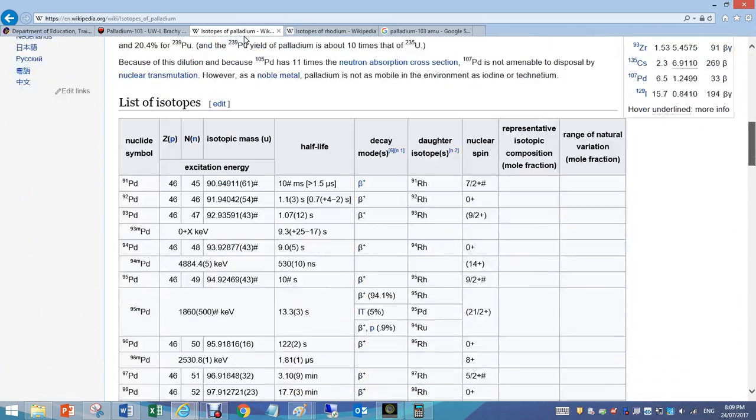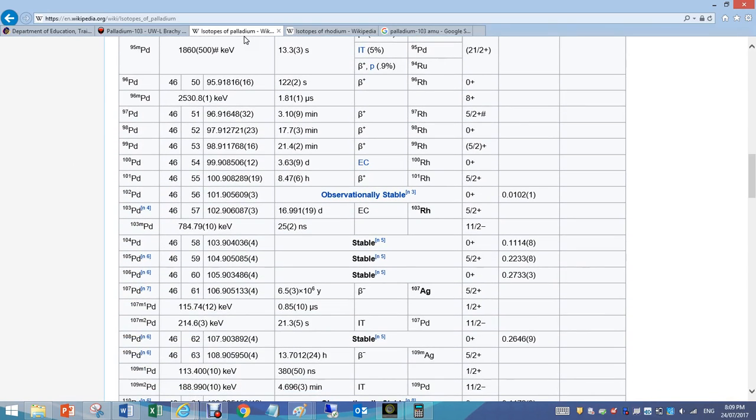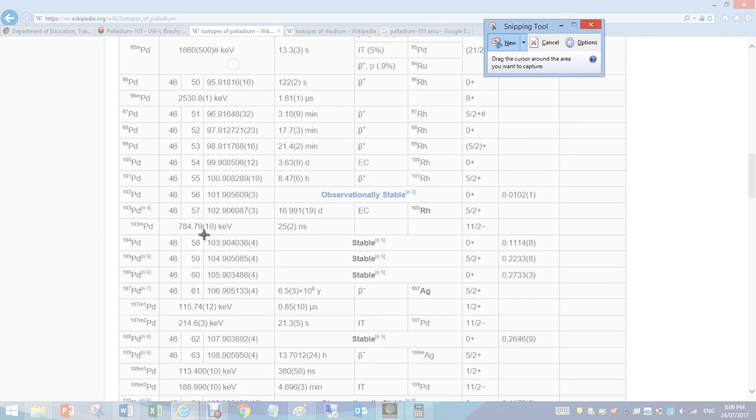Just scroll down, list all the isotopes of palladium. 103, here it is. 102.906087. This little number in the brackets is your uncertainty. It tells you about it later on, but just ignore that. So I'll just grab that actually, it would be easier. Palladium 103, it was this value.